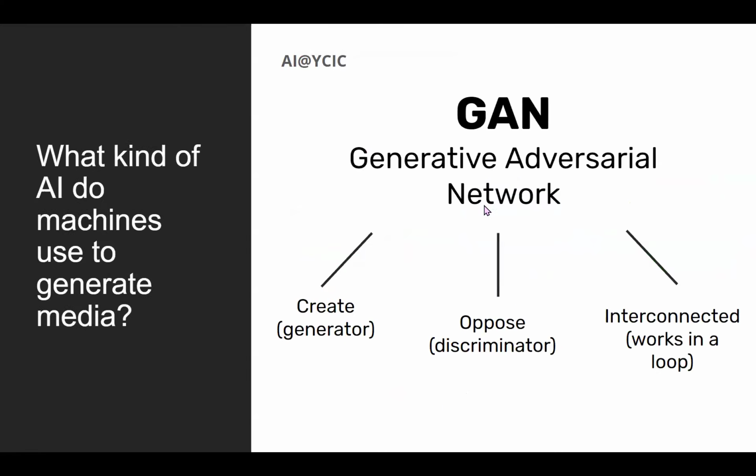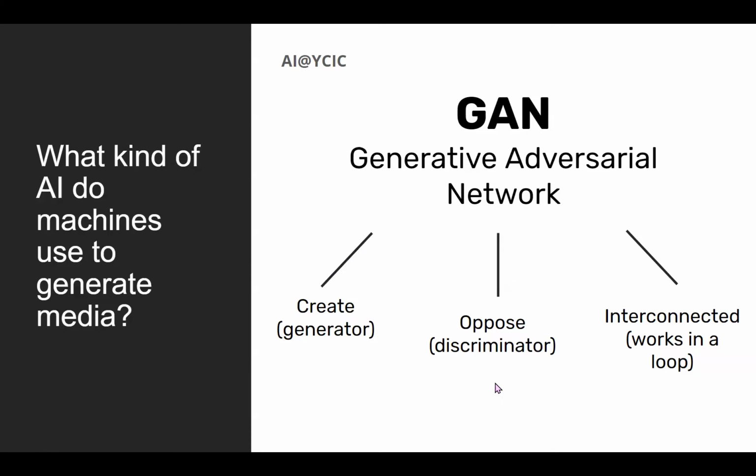It stands for Generative Adversarial Network, and there are two main components. The first part is the generator. It creates media based off data sets, like a picture based off a random input. Its job is to make the creation look as real as possible, like it was created by a human.